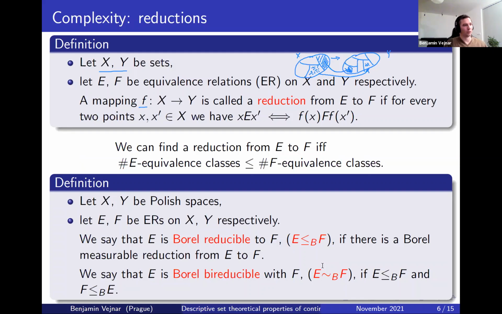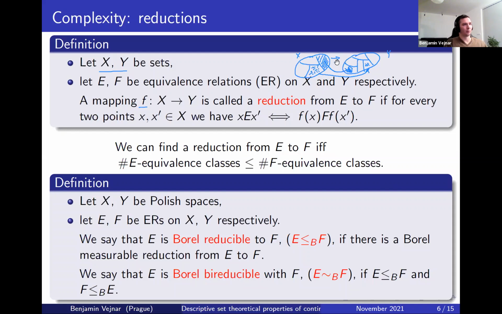Now in this language, we cannot say what the complexity is, but we can compare complexities. We can say what it means to have the same complexity, and we know what it means that E is simpler or at most as complicated as F.